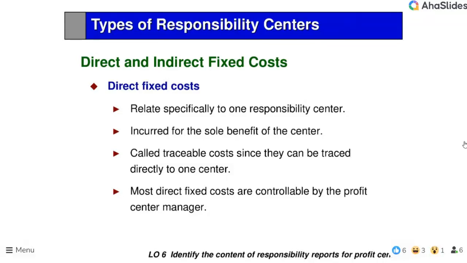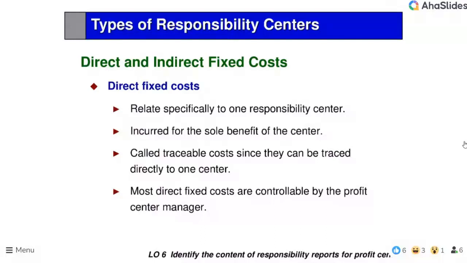For example, if I'm talking IT, a direct fixed cost might be the depreciation on the equipment in IT. It's a fixed cost, but it's controlled by the IT manager.